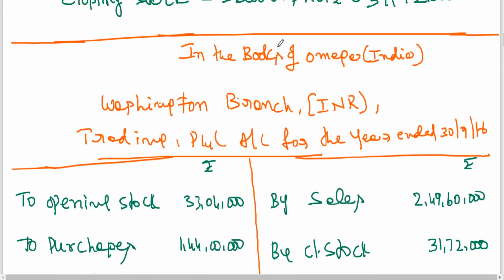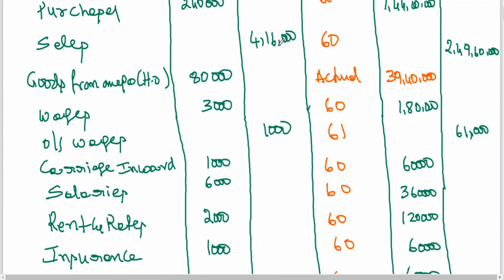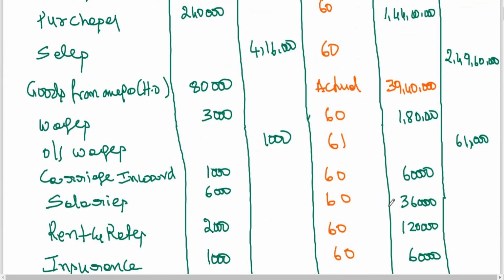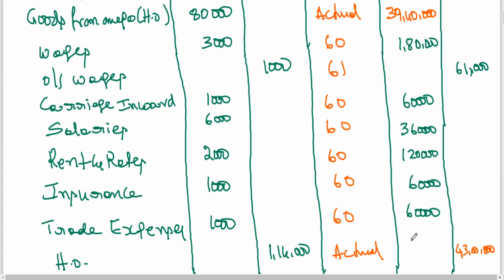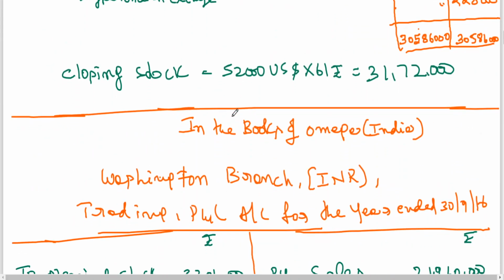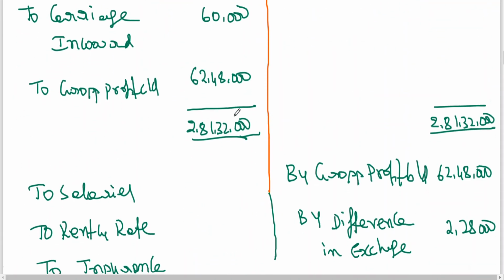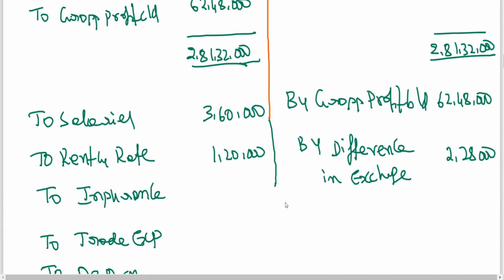Come on, you need to go for the values here. Salaries 3 lakh 60, rent and rates 1 lakh 20, insurance 60,000, trade expenses 60,000. These values I can take here directly. Salaries 3 lakh 60,000, 1 lakh 20,000, insurance 60,000, trade expenses 60,000.